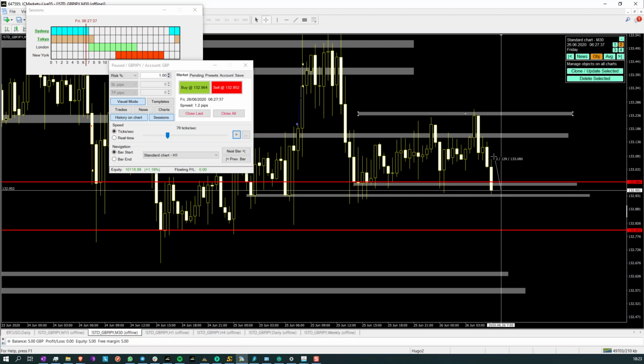That's 12 pips to the weak fill here. But it still looks like a range. This can very easily just wick down and do this again.